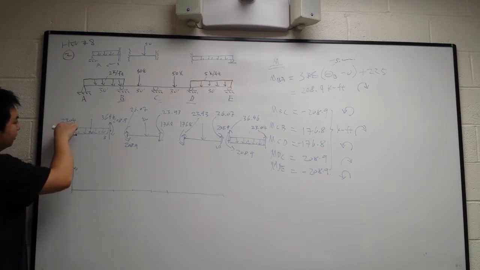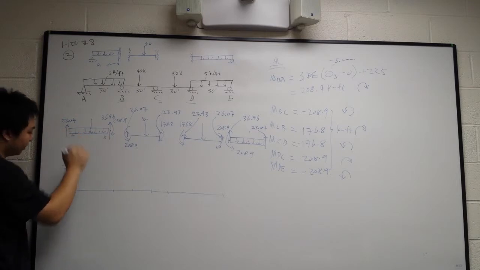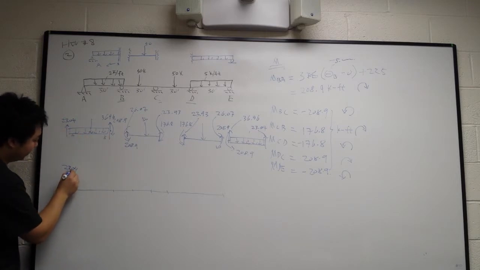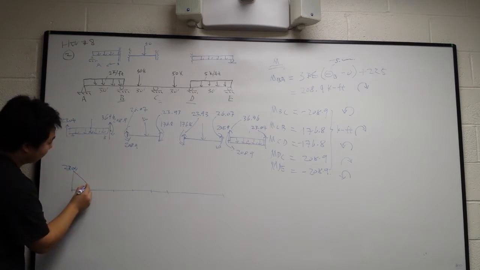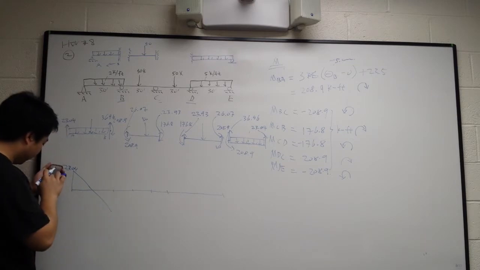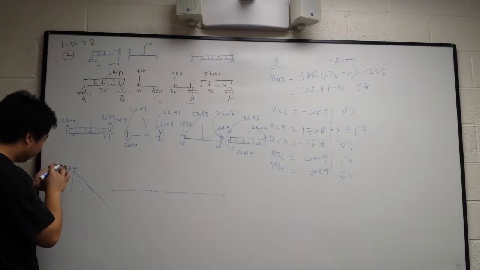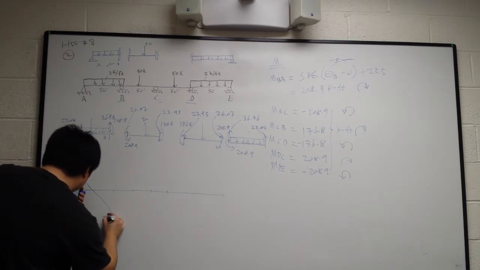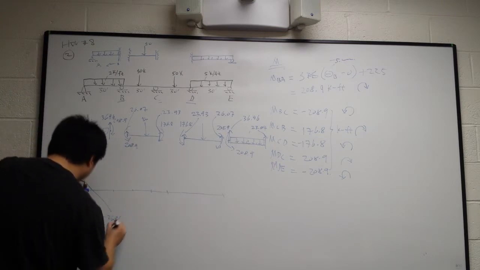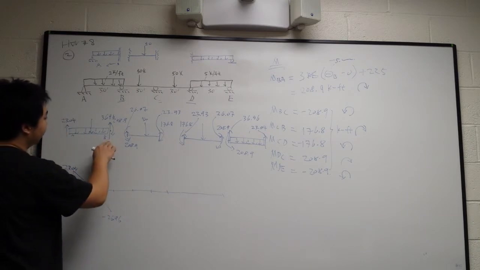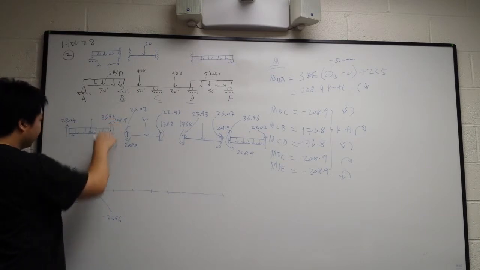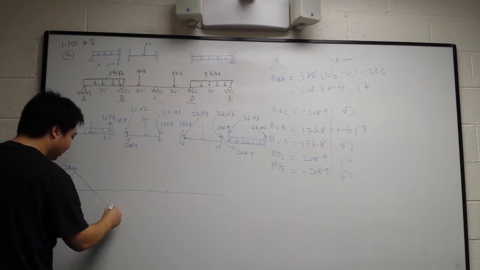Distributed load, so you take this minus the distributed load. You're going to have negative 36.96. At this point, you have this, so you bring it up.